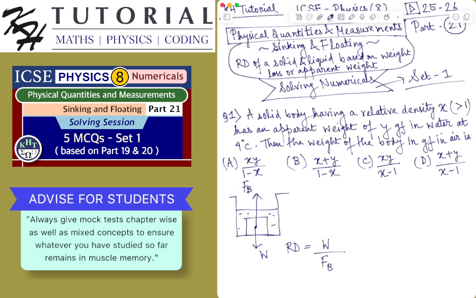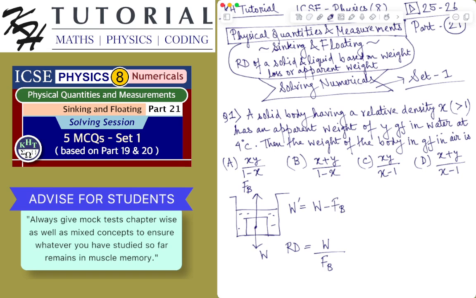We also know that the apparent weight of a body in water at 4 degrees centigrade, whenever a body is immersed in a liquid, it loses some weight. And the apparent weight, that is W dash, we know is W, the weight of the body, minus the buoyant force or the upthrust. These two pieces of information we know.